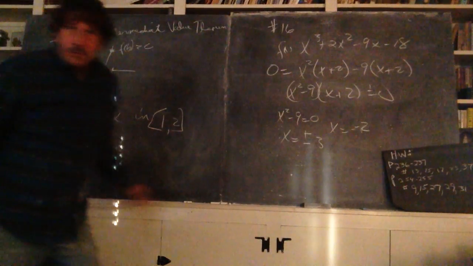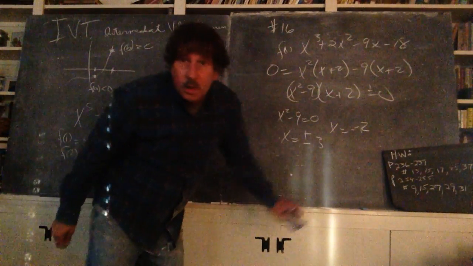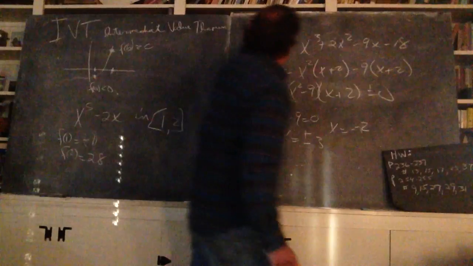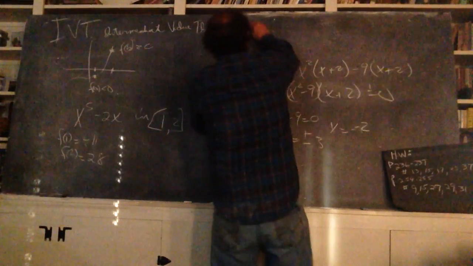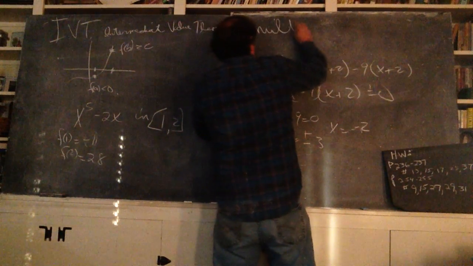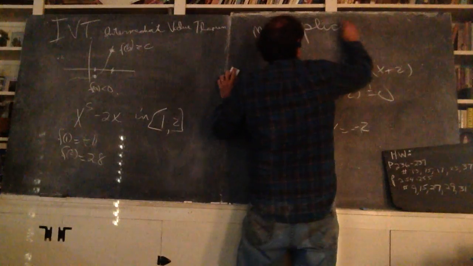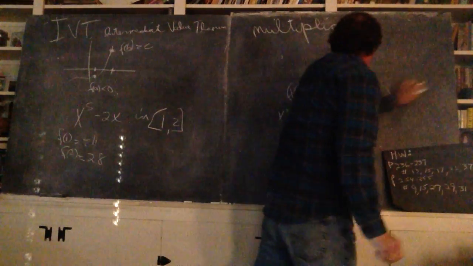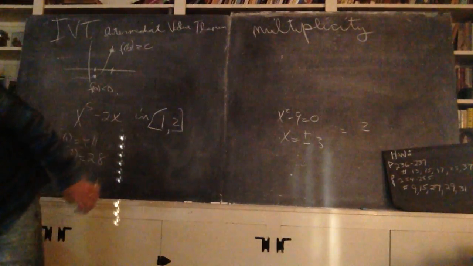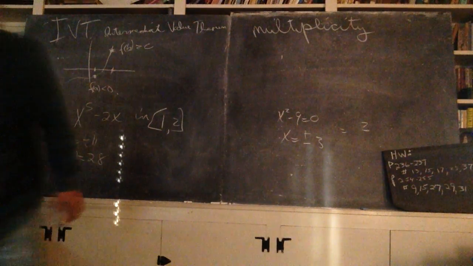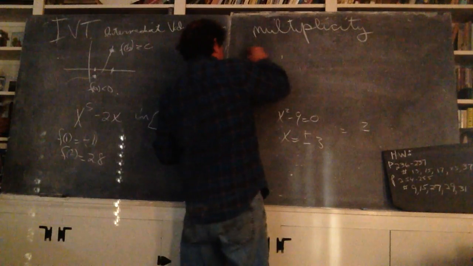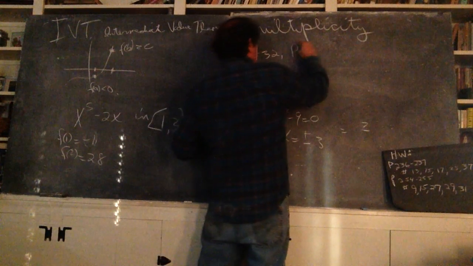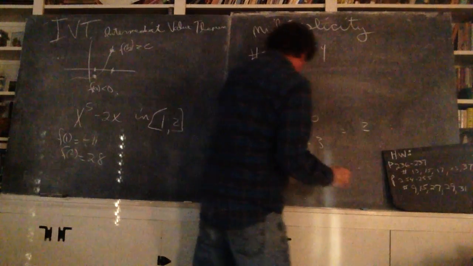One more thing is multiplicity. There's multiplicity of roots. For example, I'm doing number 32 on page 254, and we'll check it out.